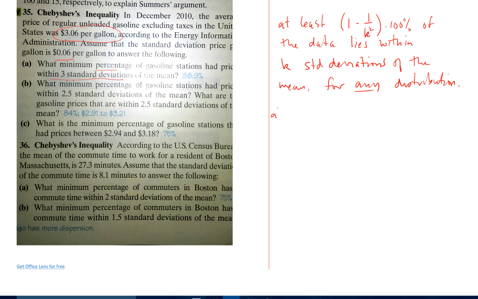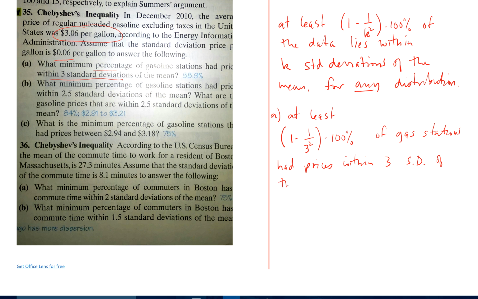So A. So at least 1 minus 1 over 3 squared times 100%. At least this percent of gas stations had prices within 3 standard deviations of the mean.